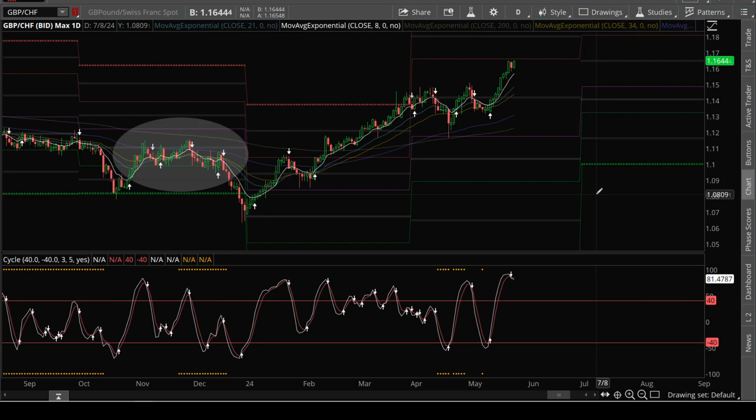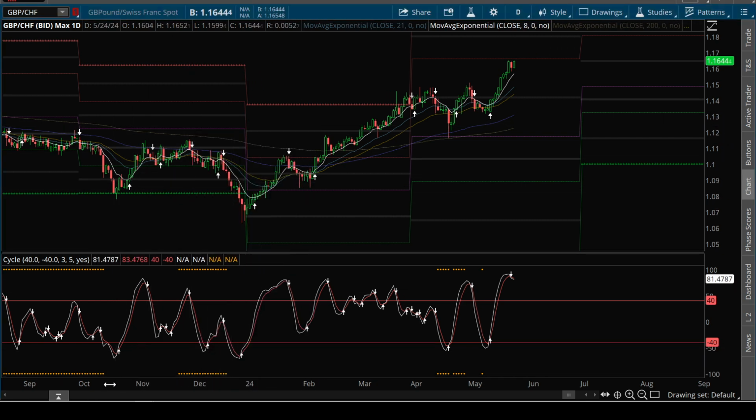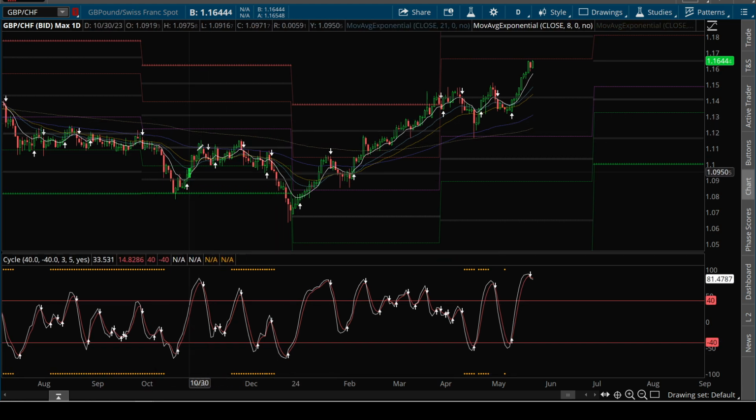Pound Swiss. All right. We were all over this Pound Swiss move. It just made one more low. Now here's an example where it did not work out. You have an impulse up right here off of your quarterly S2, and then you have a 1, 2, 3 wave structure down, double top. Right here, it fails.